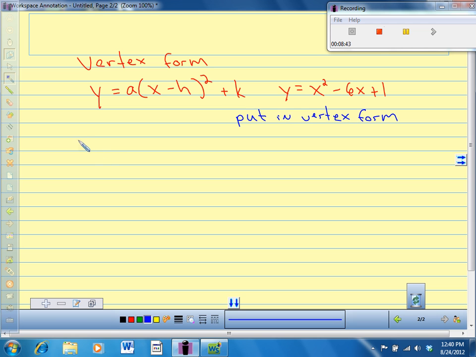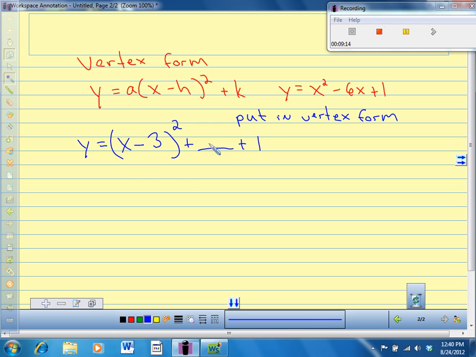So what I'm going to do, I'm going to come over here, y equals, I'm going to take half of the negative 6. Okay, so I'm going to go x minus 3. And I'm going to square it, okay, plus or minus something. This is actually going to be minus something, plus 1, okay.